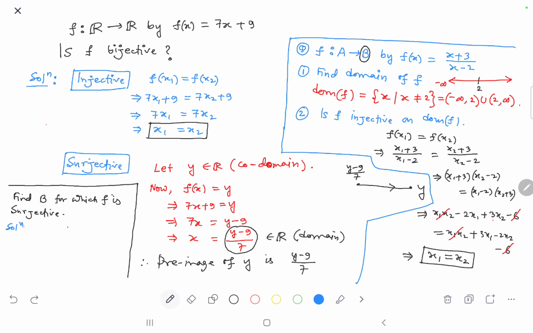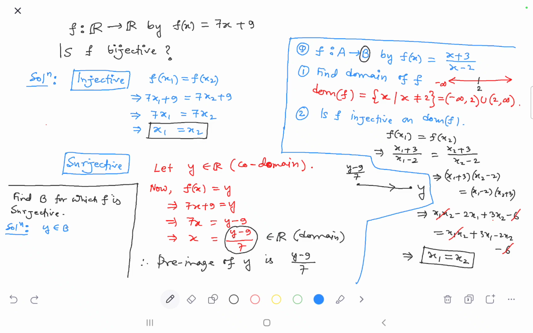So, solution. You take any y from B, right? We take those elements in the codomain for which there is a preimage in the set A. Let me repeat: we will take those elements from the second set that have a preimage.